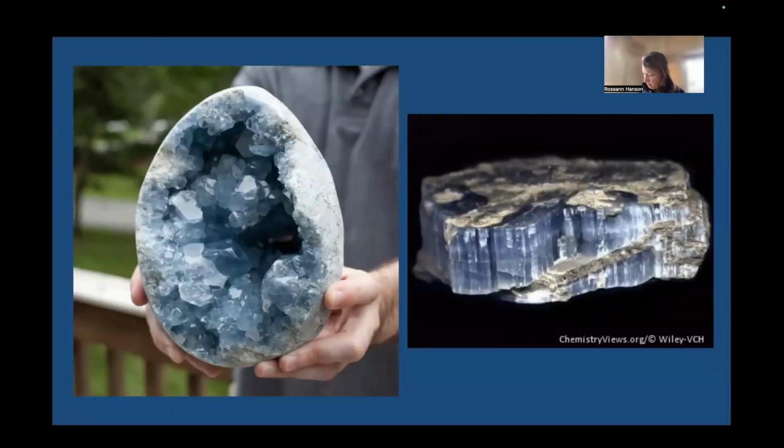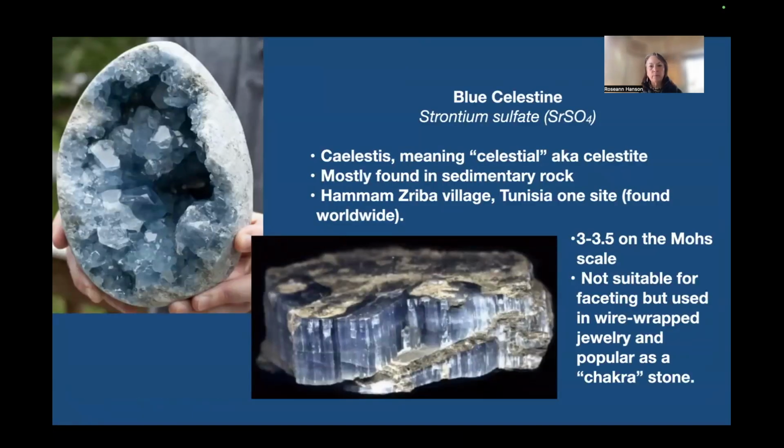Another gemstone. This is a fun one. This is a beautiful blue gemstone called Celestine, celestial, celestis, strontium sulfate. So there's the formula. This one is known from the Hammam Zuraba village in Tunisia, but it is found in sites throughout the world.